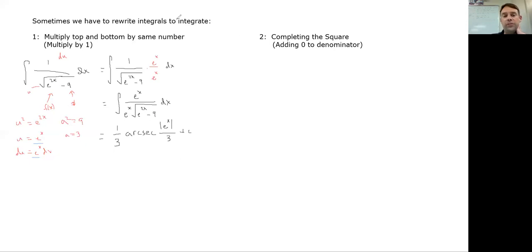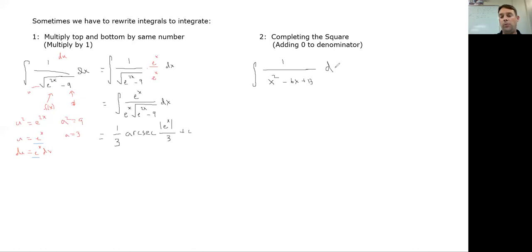So sometimes, friends, you're going to have to go through and multiply the top and the bottom of your integral by a certain number. Likewise, sometimes our integral doesn't necessarily match itself up to being what we want it to be.